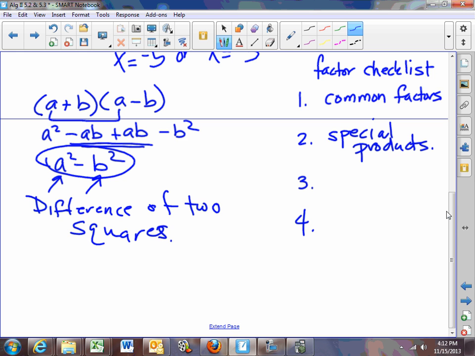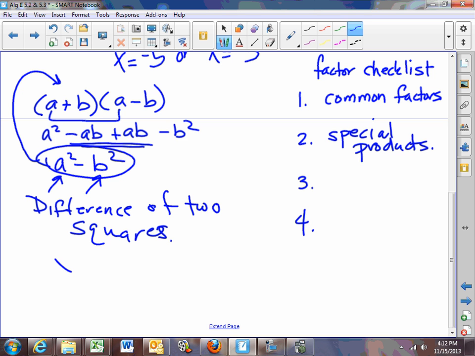Now, this is a pattern for us. Anytime you have the difference of two squares, it factors into the two numbers added together and the two numbers subtracted from each other, that are the numbers that you squared to get the first term and the last term.